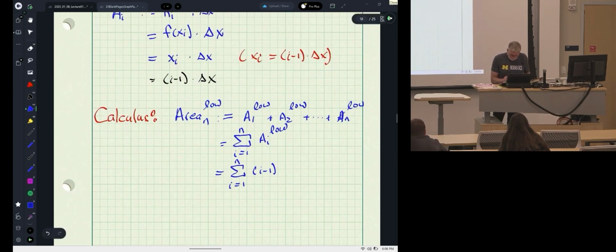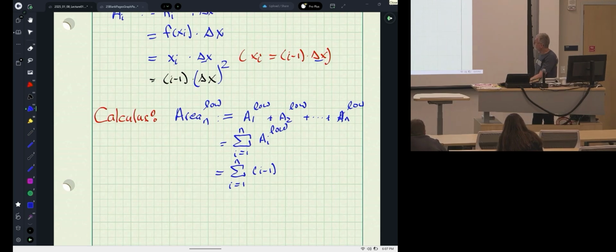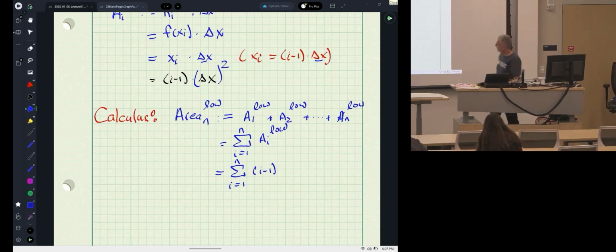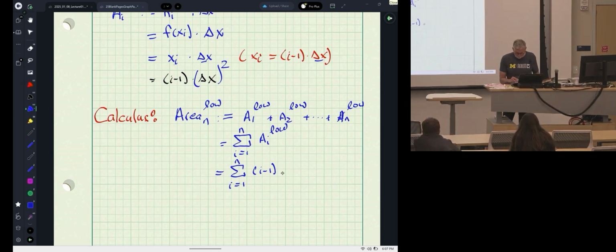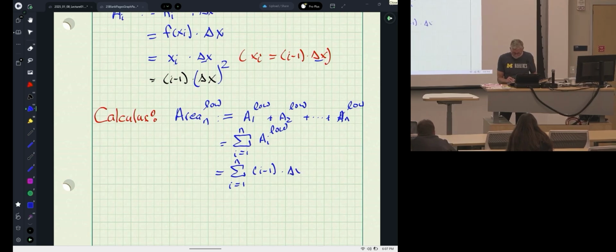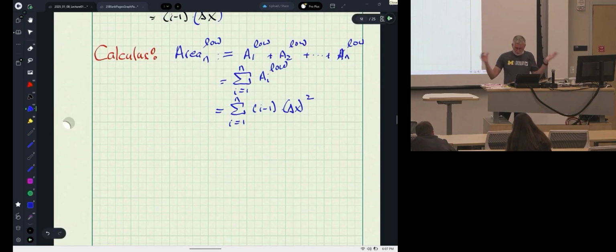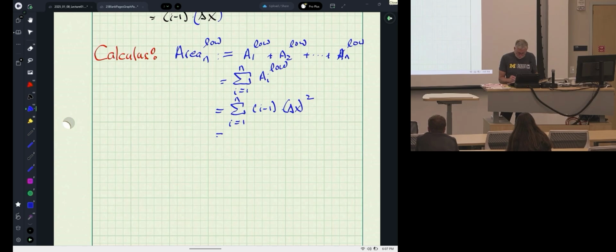Oh, I made a mistake here. xi has a delta x, here's a delta x, so this is delta x squared. My apologies, going too quick here. So we need the Ai, and there's a delta x squared here. Now delta x is constant, it doesn't vary with i, it's fixed with n, it's b over n.